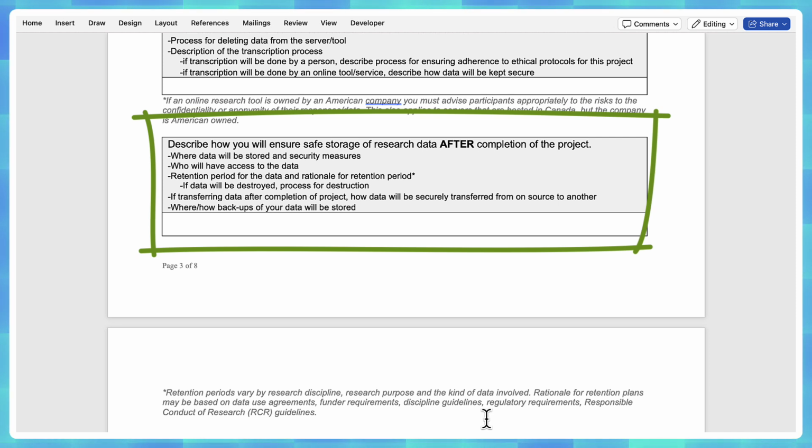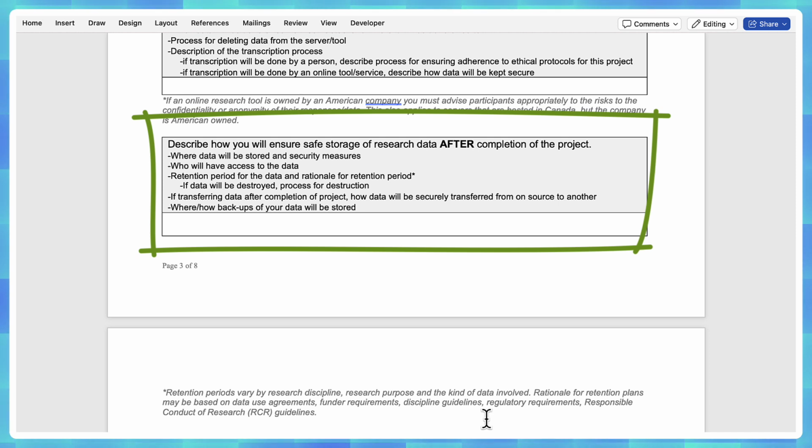Those guidelines recommend keeping the data as a way to defend yourself against any accusations of misconduct in conducting research. So if you have your data and those accusations or challenges come forward, you have something to back your work up. And so those are the main reasons.